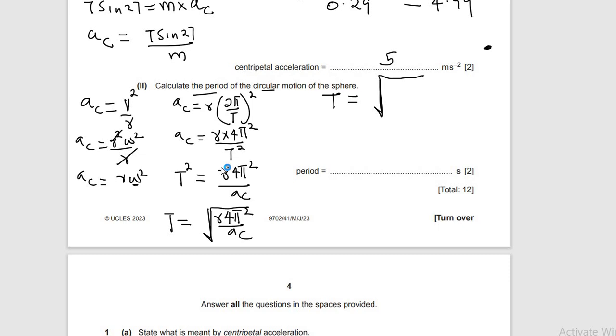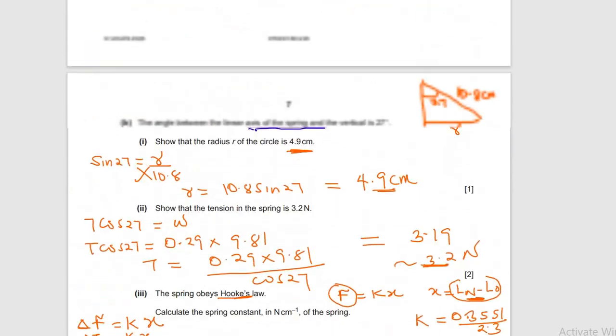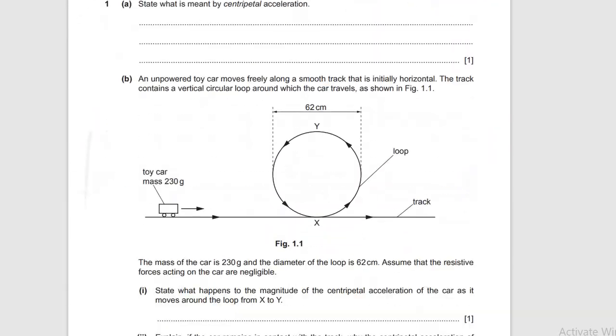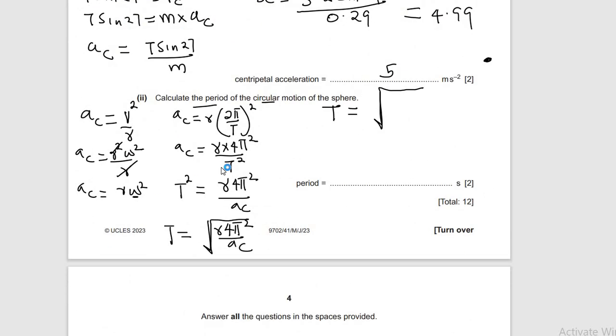So the period will be square root of, what's the radius? I think we got our radius as 4.9 centimeter in the first part, what they asked us to prove. So in this case, convert to the proper unit. Make sure that all your quantities are in the right SI unit. Radius is 4.9 centimeter. That's 4.9 times 10 to the power minus 2, multiplied by 4 pi squared, pi is 3.14.